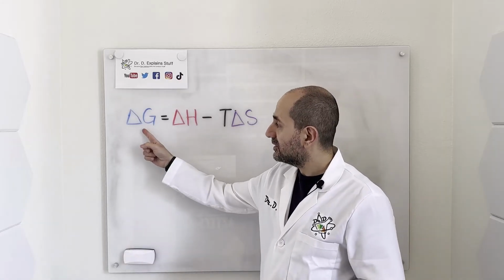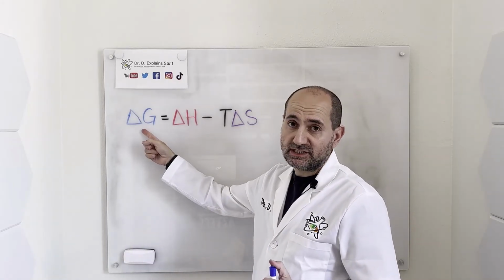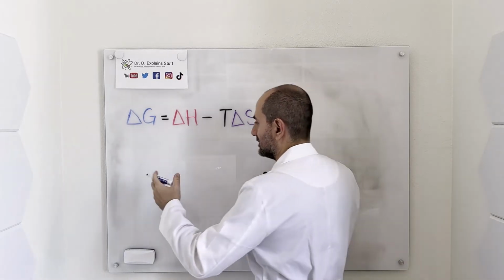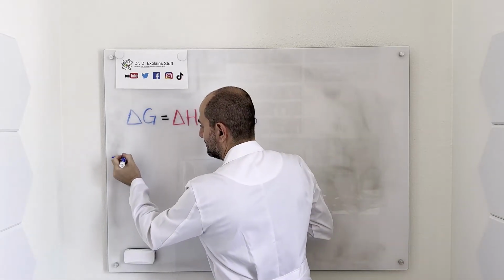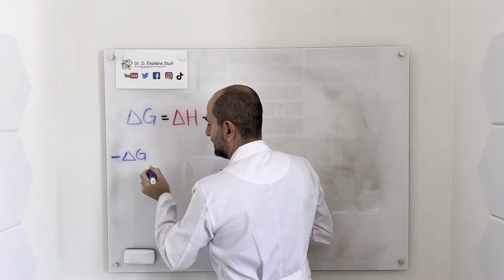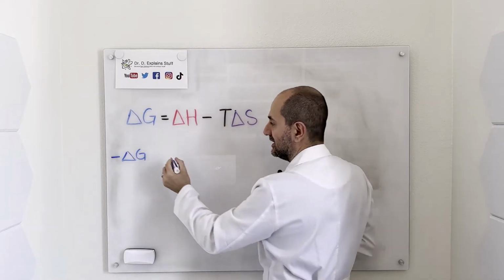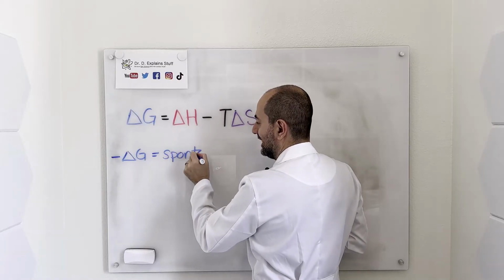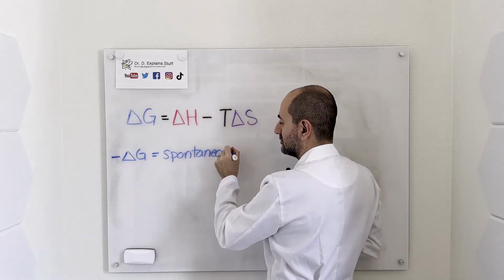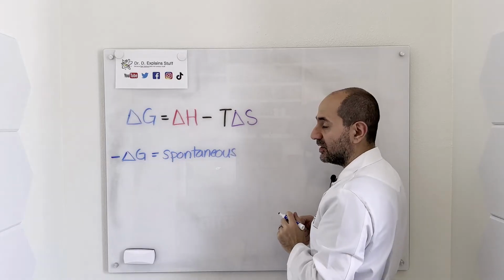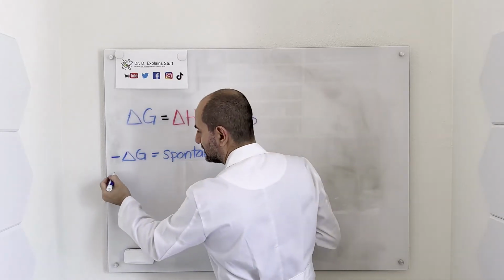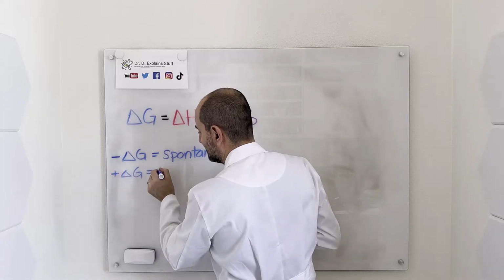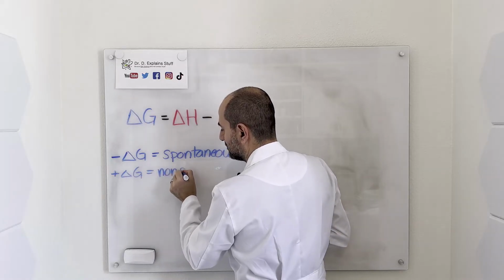And remember, that has to do with delta G. Remember, a negative delta G, I'm going to write this out, a negative delta G would mean that the reaction is spontaneous. Whereas remember, a positive delta G would suggest that the reaction is non-spontaneous.